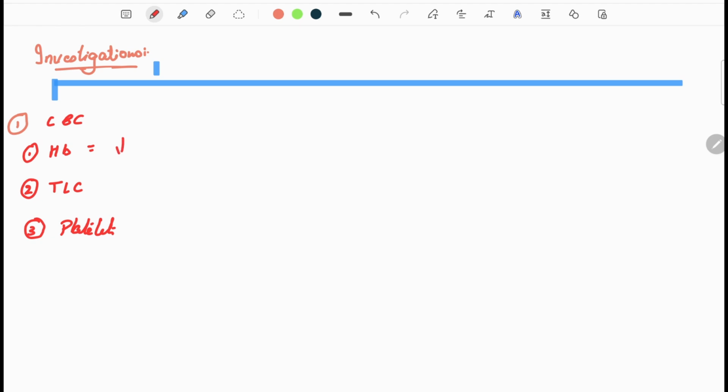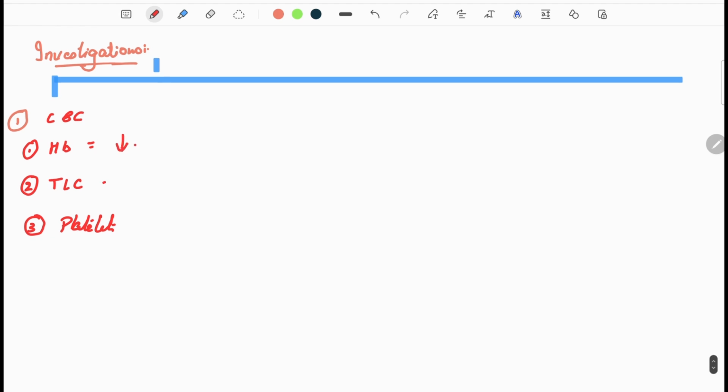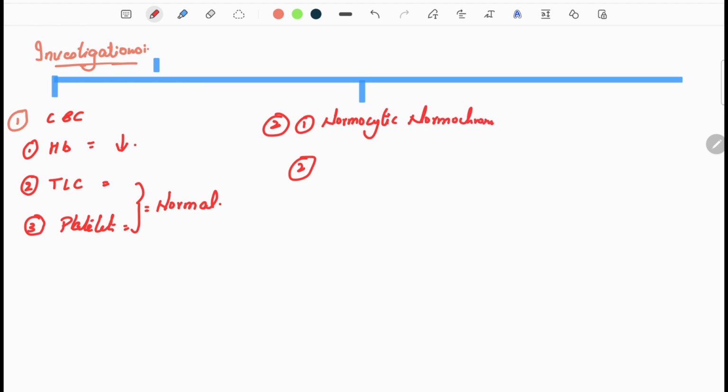Hemoglobin decreases, TLC and platelets will be normal. Second one is peripheral smear. Peripheral smear will show two kinds of cells. First one is normocytic normochromic anemia, sometimes microcytic hypochromic.